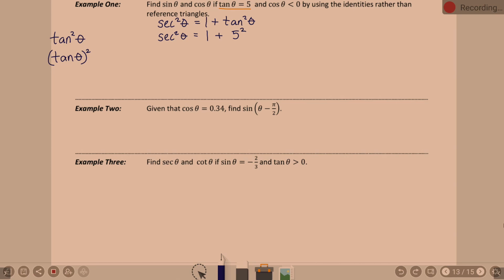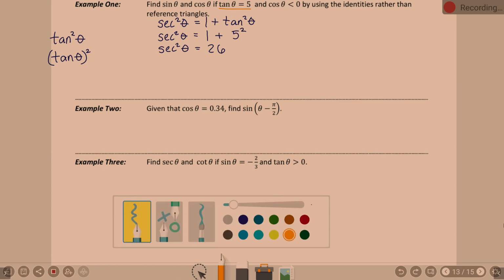When you plug the 5 into tangent, you just get rid of the theta, because tangent theta is replaced with 5. That theta is part of the tangent. We don't know theta, but we know that tangent of whatever theta is equal to 5. So the theta will be gone. What do we know about 1 plus 5 squared? It's 26, correct? So I now have the statement that secant squared theta is equal to 26.